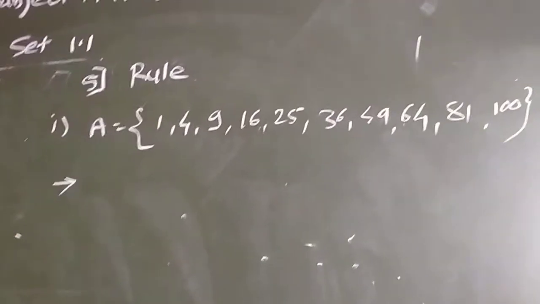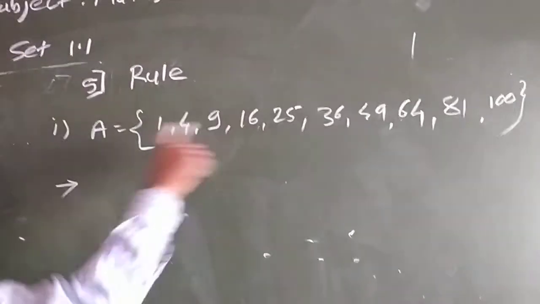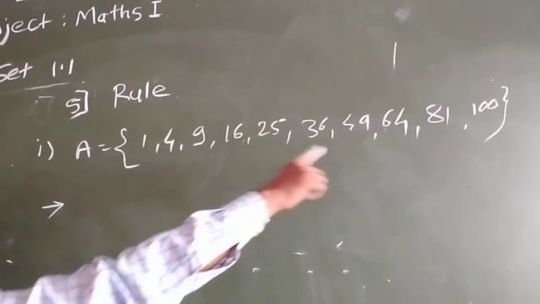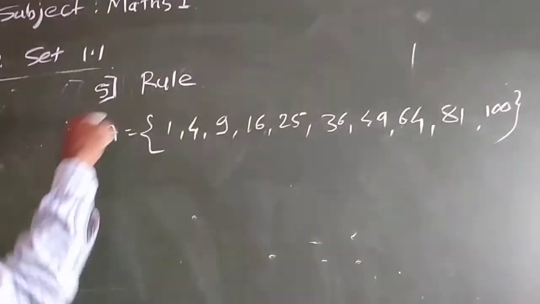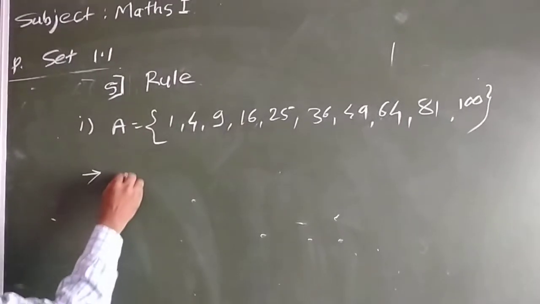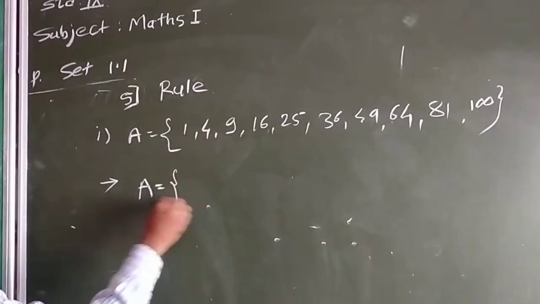By rule method: we have written this as a list, so this set is in listing method. Writing it by a rule method means in general form. Means set A in a curly bracket.